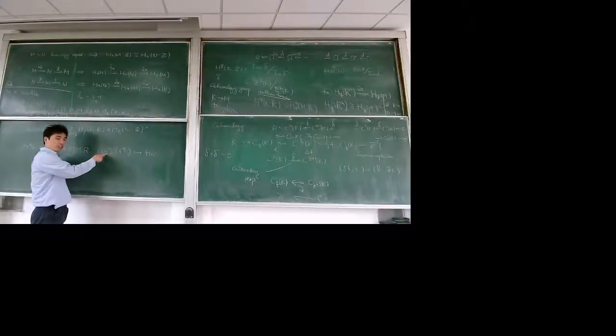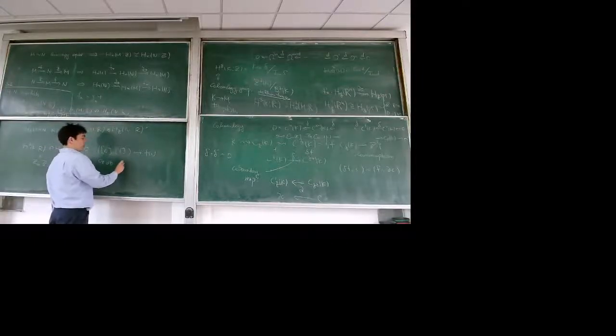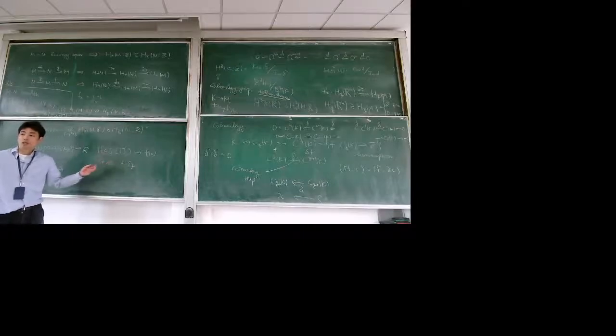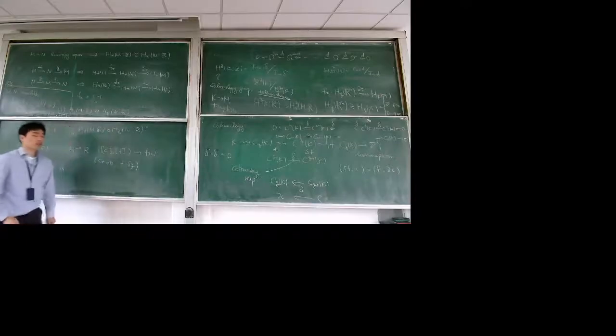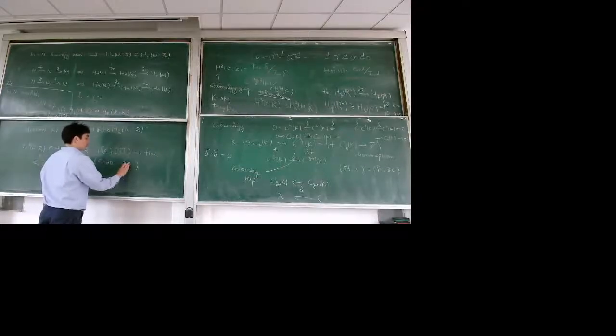Well-defined means that here you always have ambiguity. C can be replaced by C plus some boundary of something. And also here you can add the coboundary of something. Even if you take the pairing, let's do step by step.